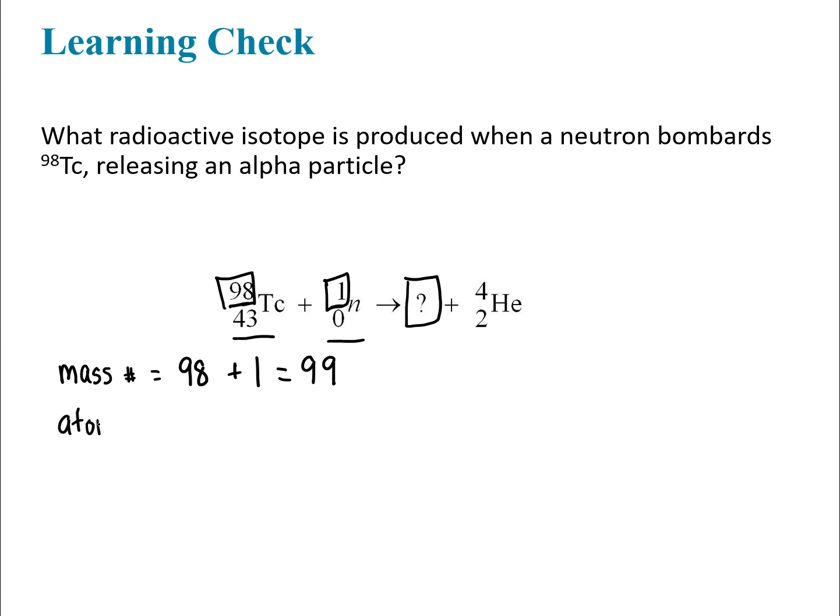We're going to do the same thing for the atomic number. We've got 43, and then we've got a 0. I'm writing the 0 here just to show you that we're looking at both the element and the particle on the reactant side.